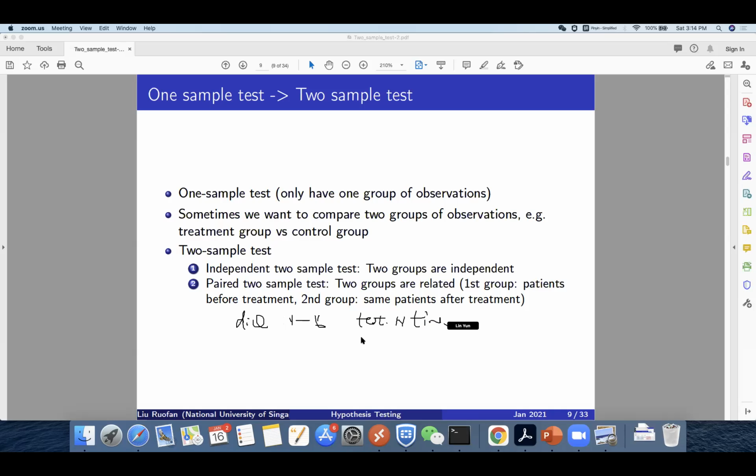The first time you get an average of 3.5, and the second time you get an average of 4.5, right? You repeat the experiment again. You are saying that this is group 1 and this is group 2, and that for this experiment, group 1 and group 2 are independent.